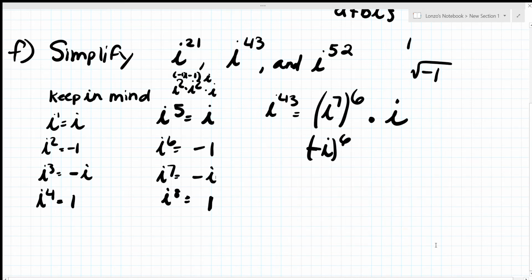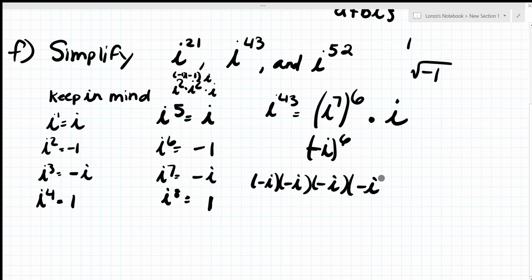So we got to rewrite, I'll just rewrite it as a whole. Negative i times negative i, I'm going to multiply this by 6 times. That'll give me i to the 6th. So this is 1, 2, 3, 4, 5, 6.